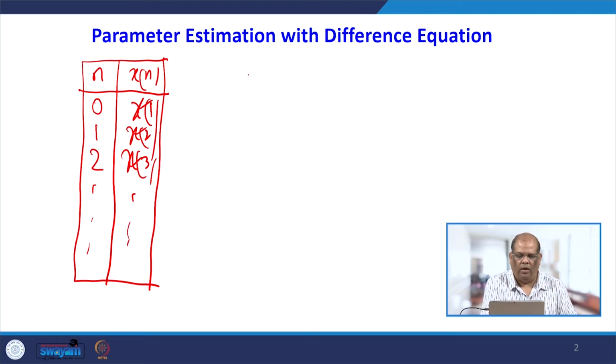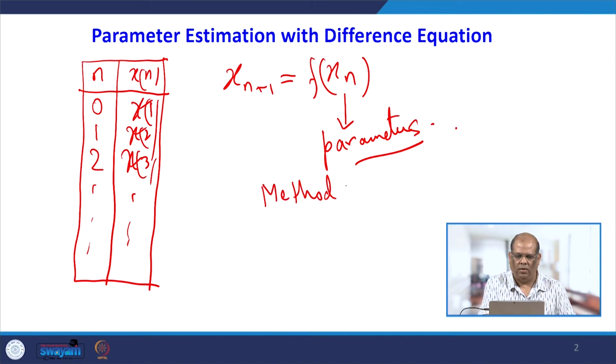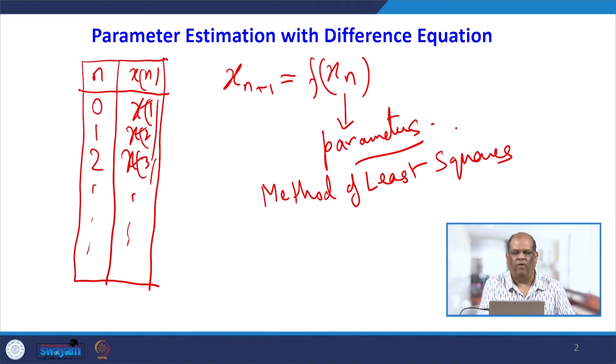And you will be having a discrete equation of the form x n plus 1 equal to some function of x n, which contains the parameters. We will be using the same method of least squares to estimate the value of the unknown parameters.